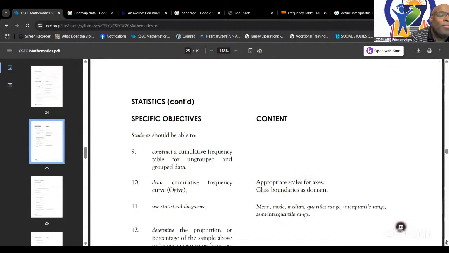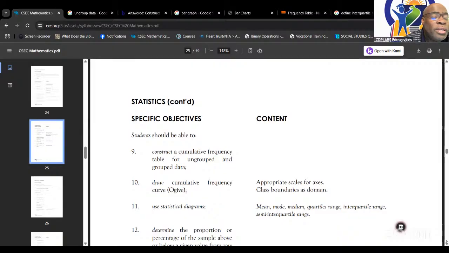All right, so construct a cumulative frequency table for ungrouped and grouped data. Now, if you notice with the syllabus here that I'm using, once you're able to do each of what the objectives say you should be able to do, then you don't have a problem in the exam. So if I'm using the syllabus as a student, I would say it's a good instrument for revision.